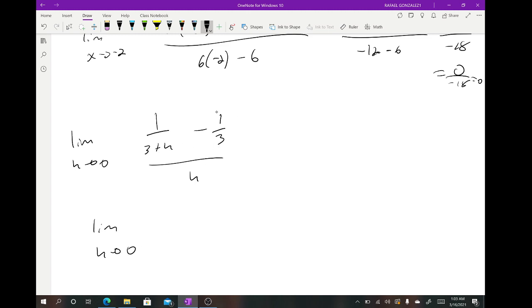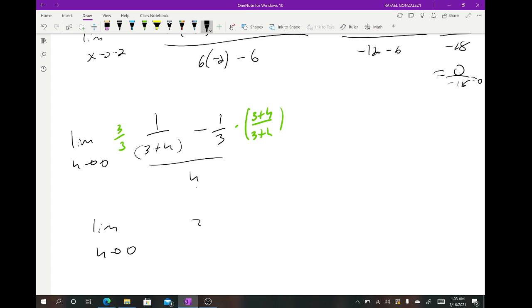Let's try to first combine the numerator and then deal with the denominator. If I combine the numerator, notice that here I have to make the denominators equal, so I have to multiply by 3 over 3 on this side and by 3 plus h divided by 3 plus h on the right side if I want to make them equal.